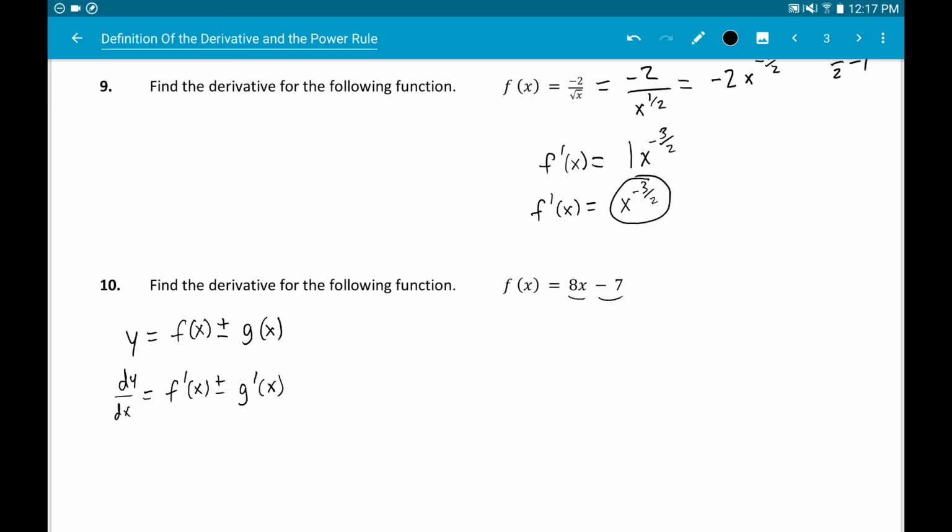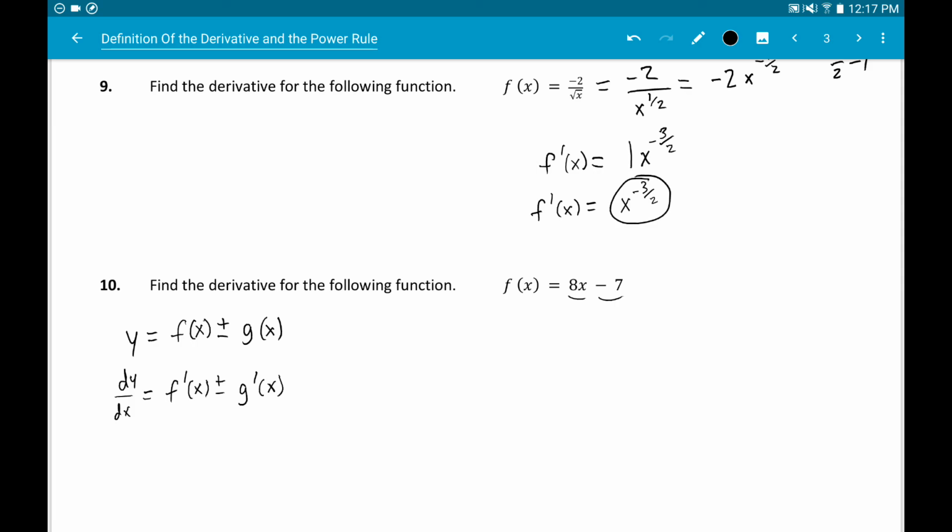This is called the sum or difference rule. I'm never going to ask you to repeat the name of that rule to me. I'm just writing it down here for reference. But all it's saying is if I have multiple terms, I can just do the derivative of each term.